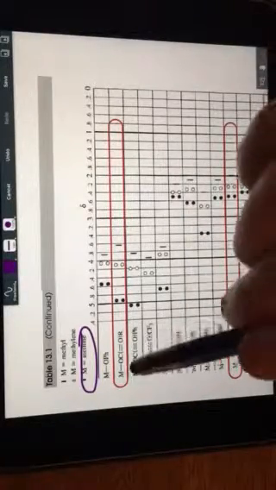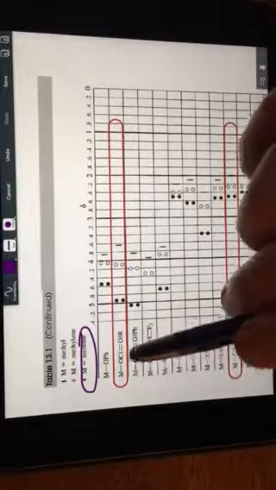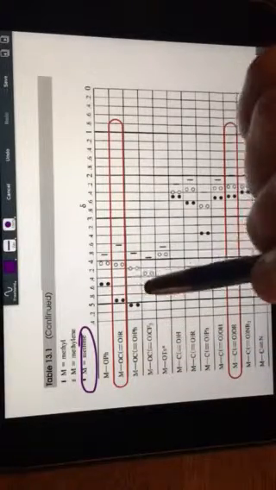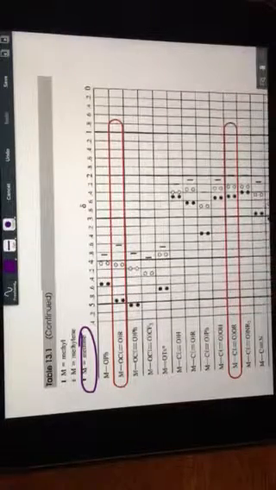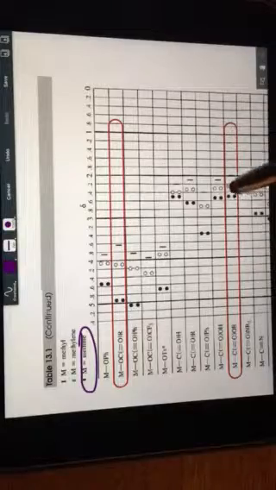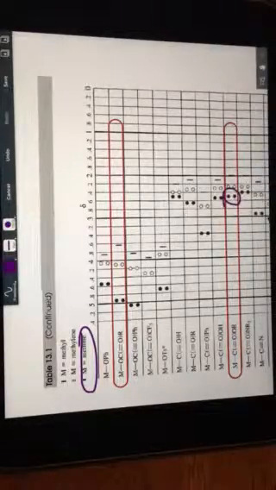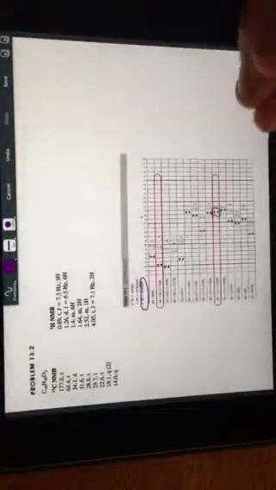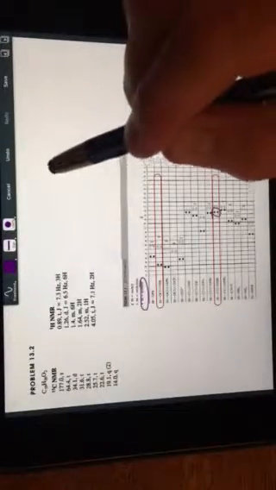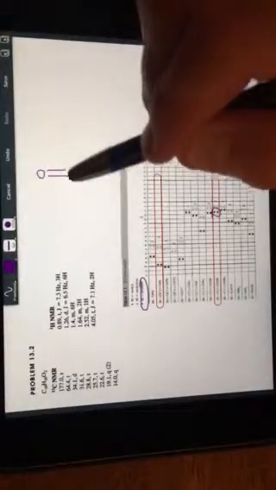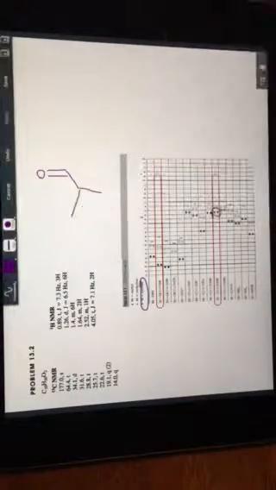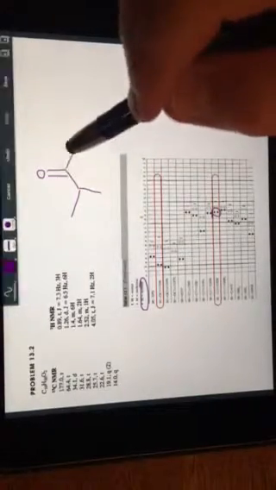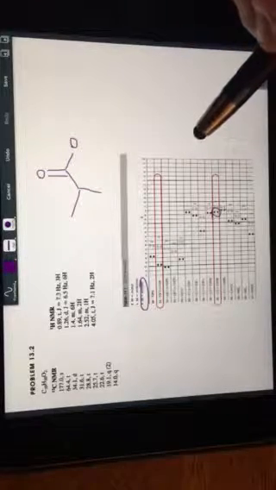If we have an ester, that methine could be positioned directly attached to the oxygen, at which point it would be expected to come close to 5 ppm. If it were attached to the carbon, then it would come right here at about 2.5 ppm. And of course, that's what we have. So we're going to take from this that our isopropyl group is attached like this, and then we have our ester.